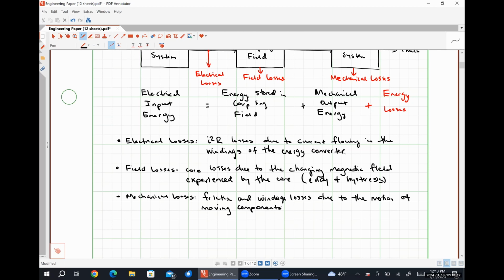So effectively, we're always going to lose some small part of our mechanical output due to the heat generated by moving things around, right?